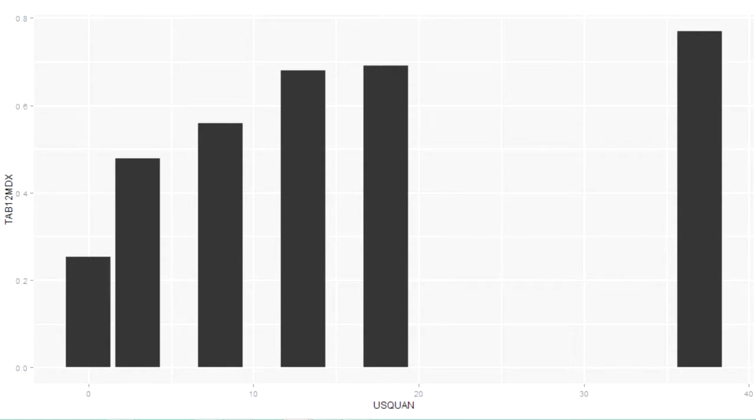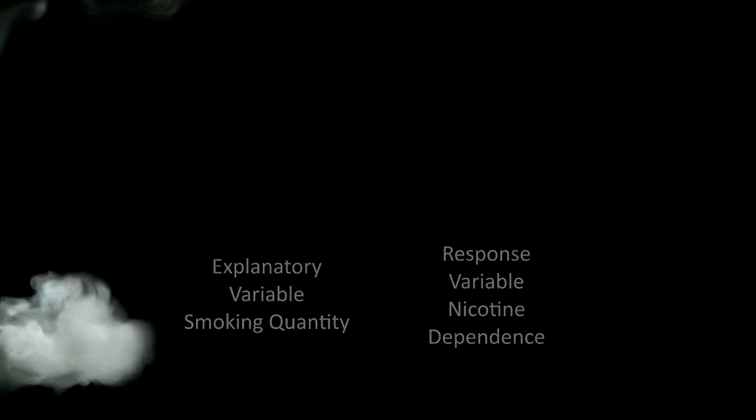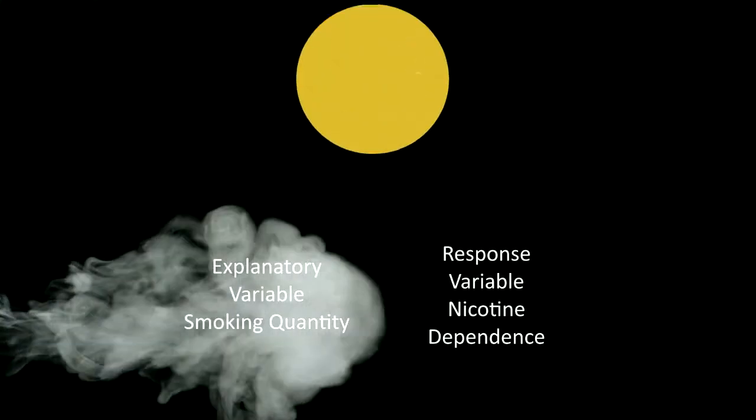This finding is accurate with regard to the larger population of young adult smokers. But might a third variable moderate the relationship between smoking quantity and nicotine? Put another way, might there be a statistical interaction between a third variable and smoking behavior in predicting our response variable, nicotine dependence? We're going to evaluate major depressive disorder as the third variable.